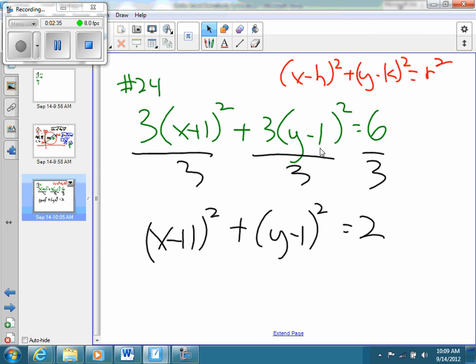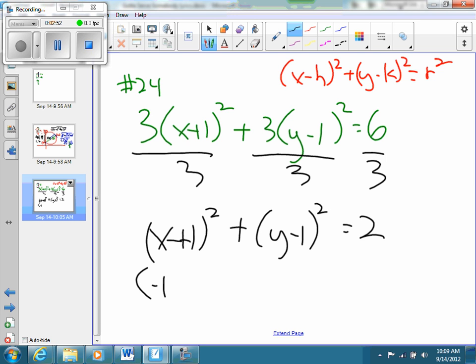Brianna, I'm going to ask you: center and radius. The center is (h, k) and the radius is r. So what is my center of this circle? Negative 1, 1.